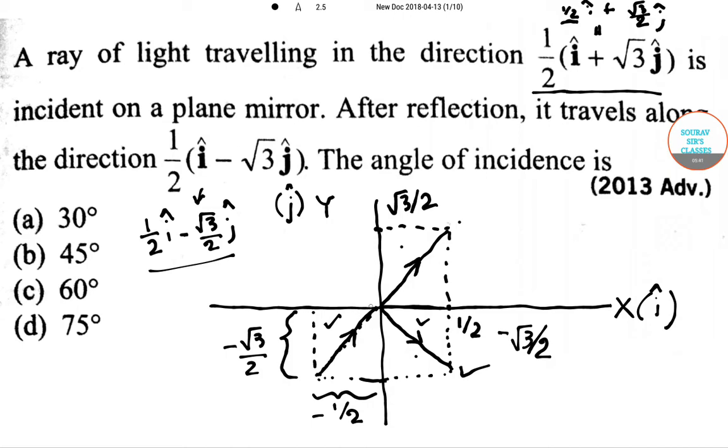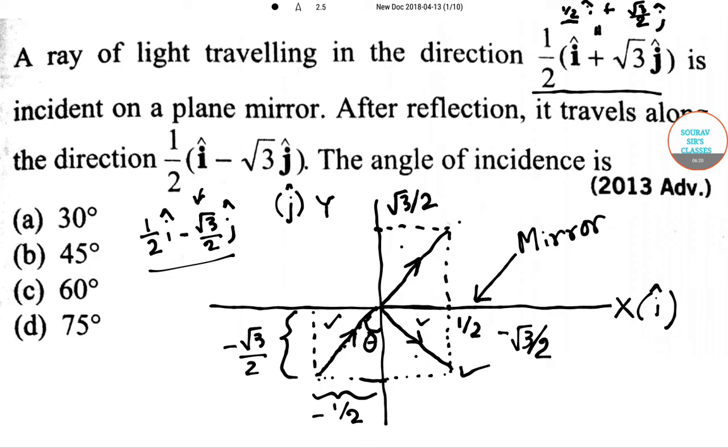Because in this case we are taking the negative x-axis as well as the negative y-axis. So both the x component and the y component will be negative. So in this case, this plane is playing the role of the plane mirror. And this is the angle of incidence, say it is theta.